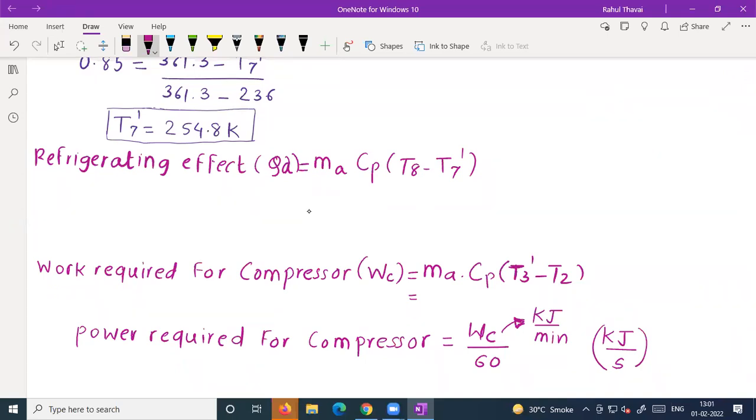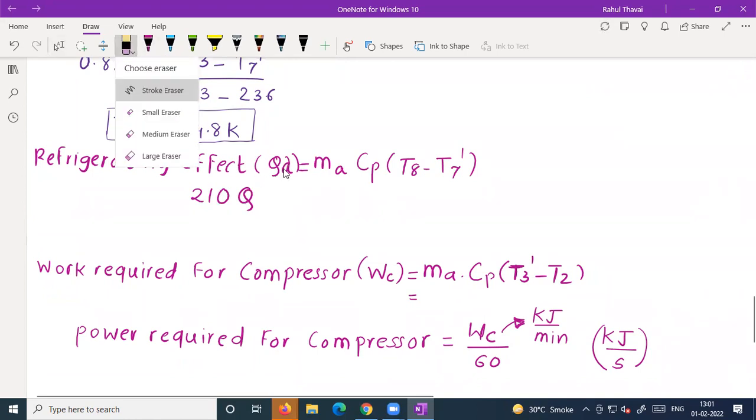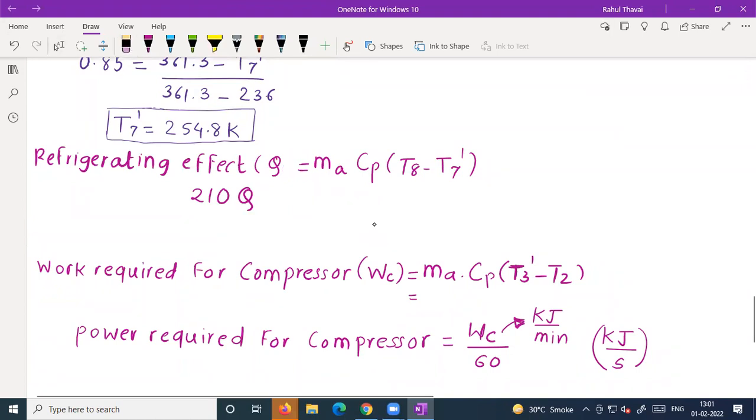So how to convert that? We already told you. I require 210 times Q, because this Q is given in tons. So that ton I need to convert into kilojoule per minute, so I will multiply it by 210.